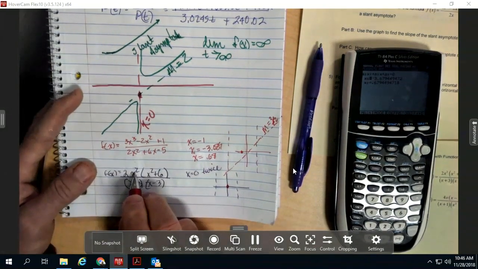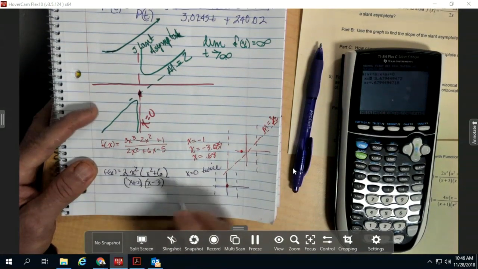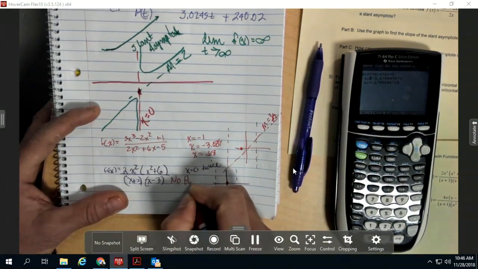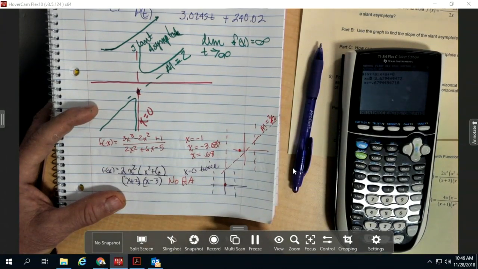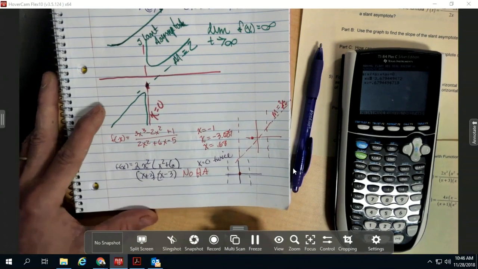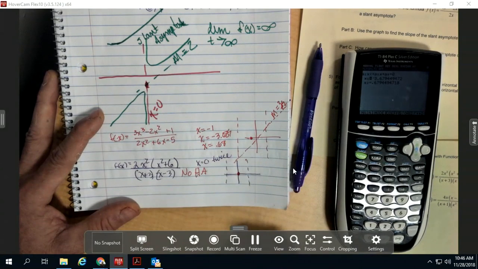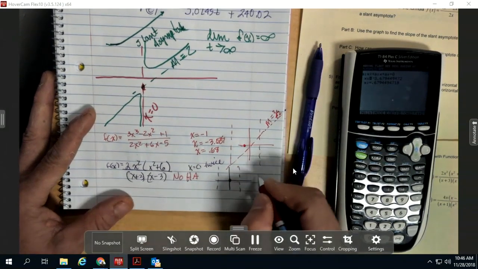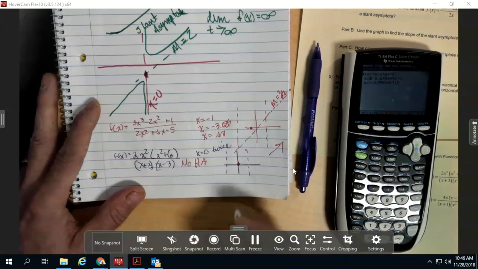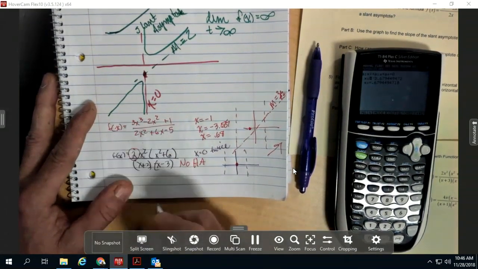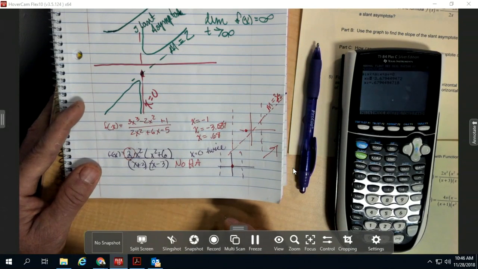This time, since the numerator is bigger than the denominator, I have no horizontal asymptote or slant asymptote. So my graph is just going to keep on getting bigger and bigger and bigger as I go past those asymptotes. And in this case, it's going to end going up because my leading coefficient is going to be positive.